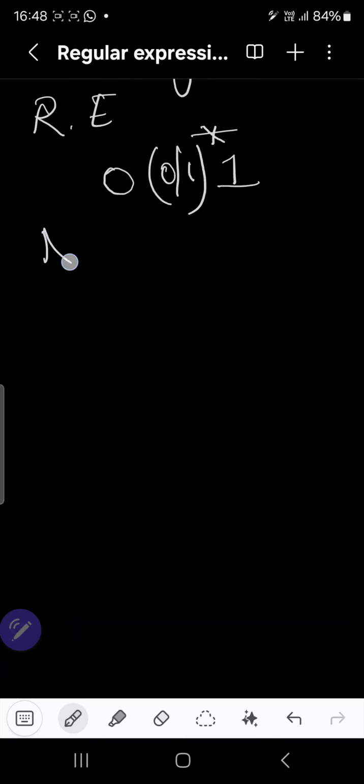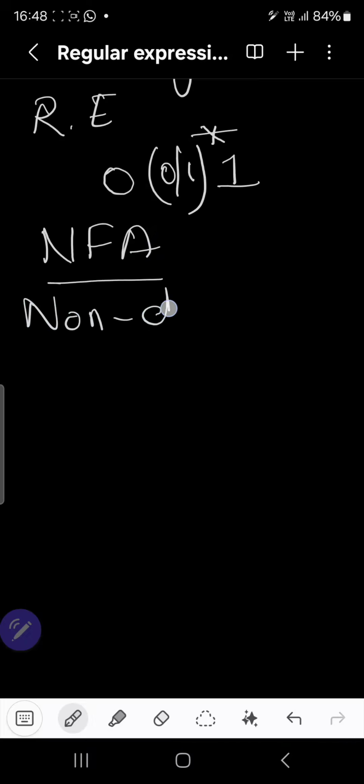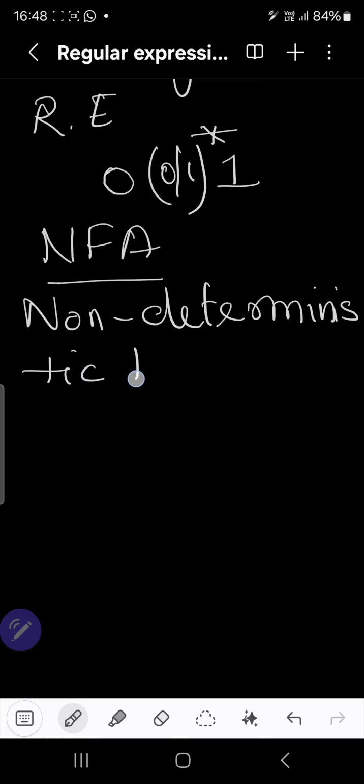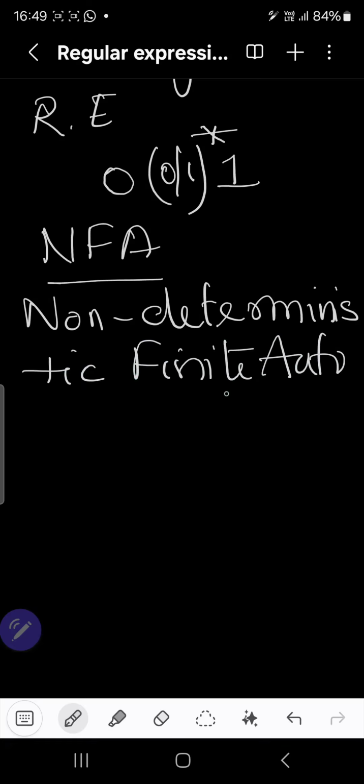Now let's talk about NFA. NFA is non-deterministic finite automata. A finite automata is an abstract machine that is used to represent a language, a regular language.